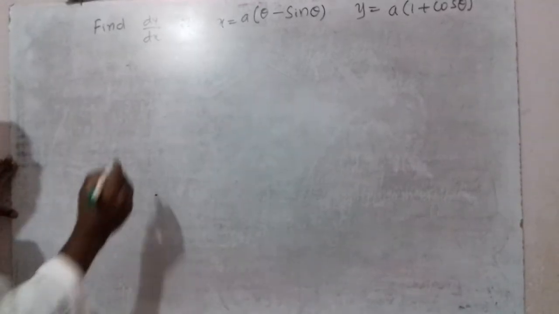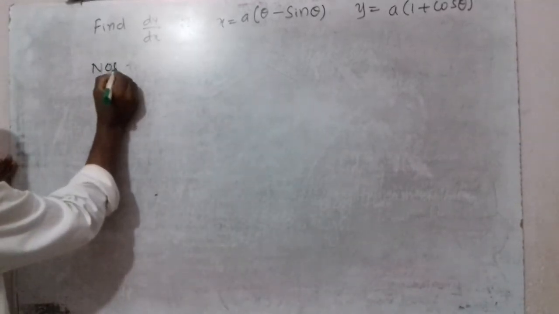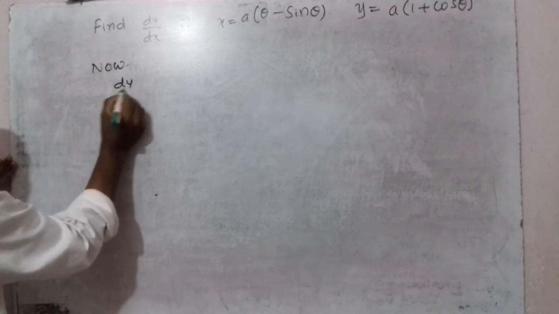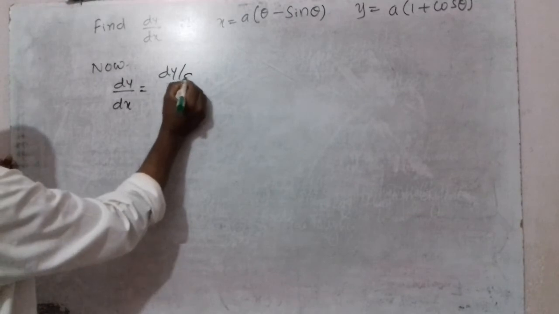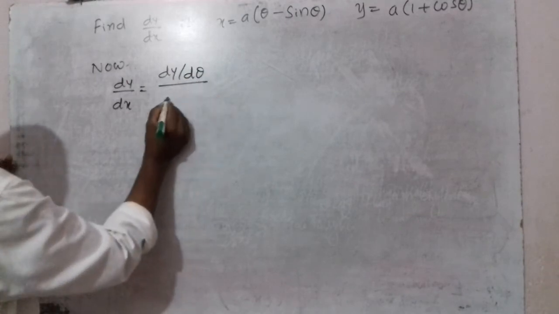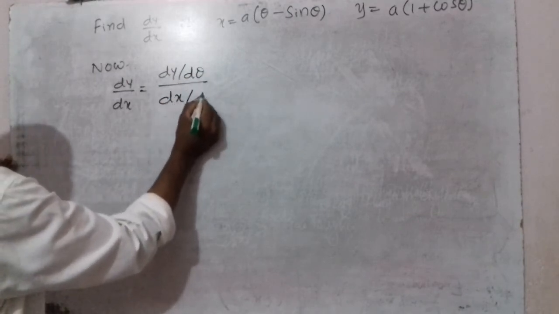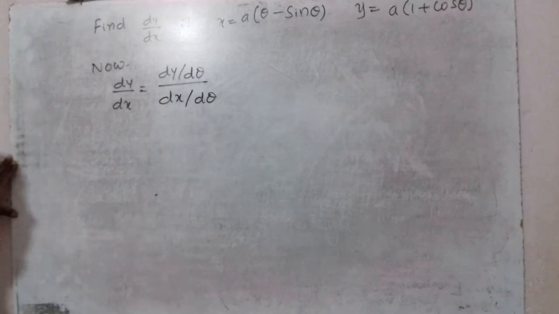So now to find dy by dx, equals dy by d theta divided by dx by d theta.